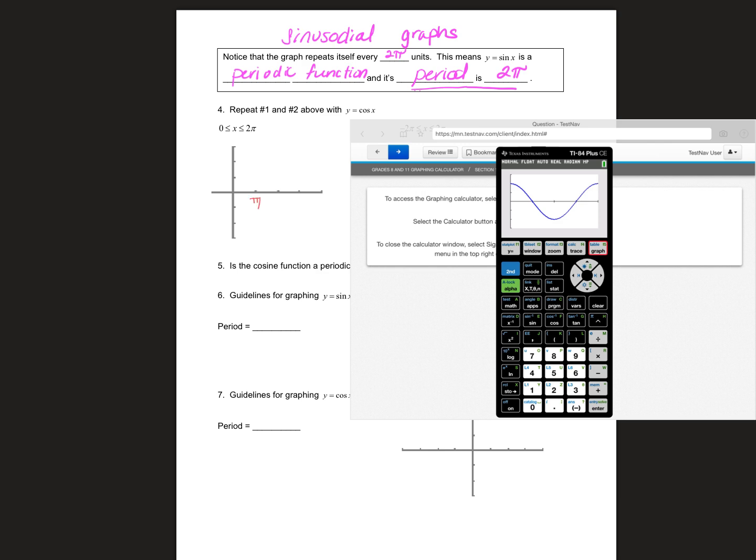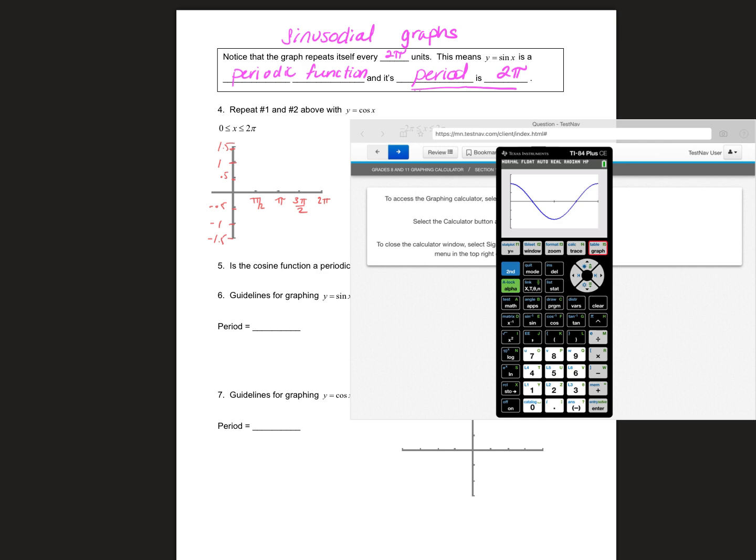So this is pi over 2, pi, 3 pi over 2, and then 2 pi. And then this is going to go 0.5, 1, and then 1.5. So these are the tick marks here. This is negative 0.5, negative 1, negative 1.5.